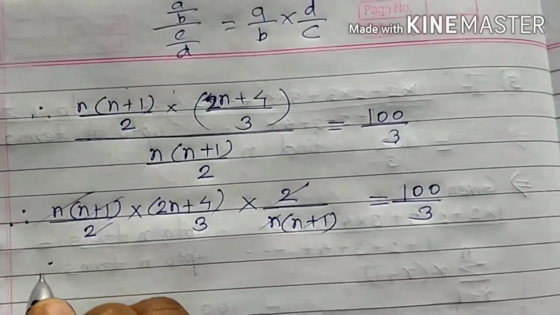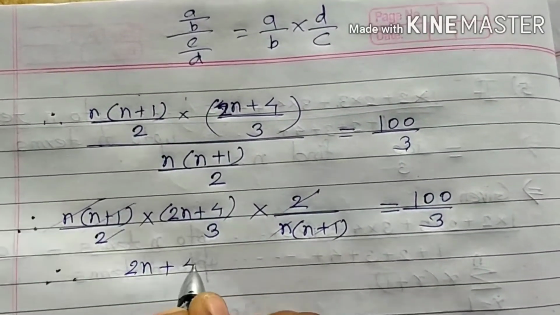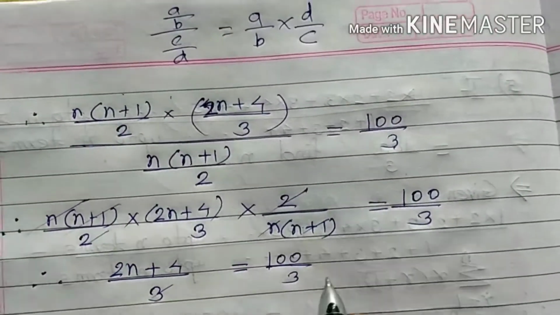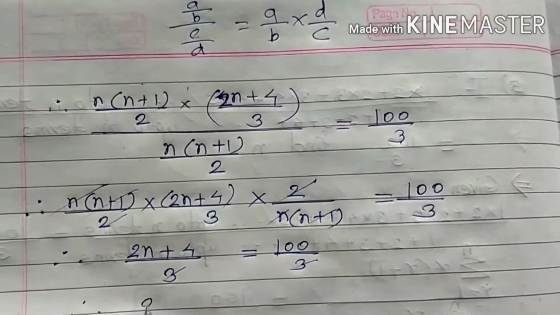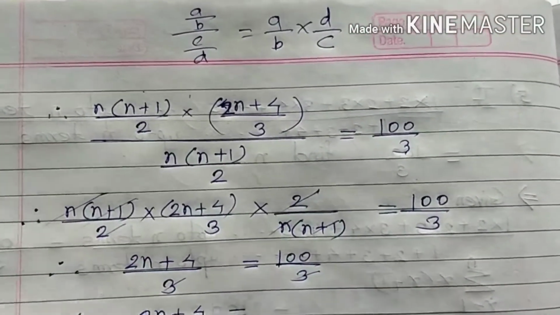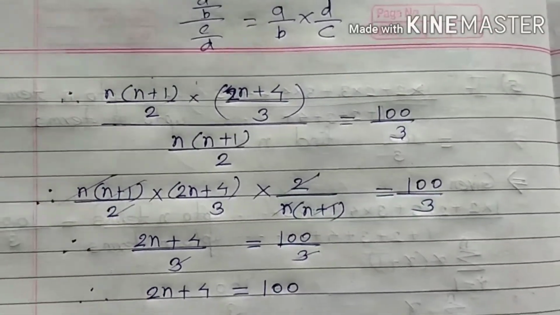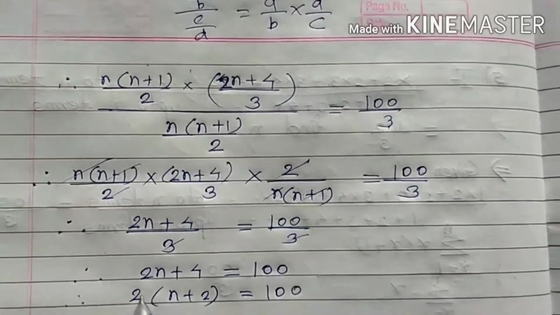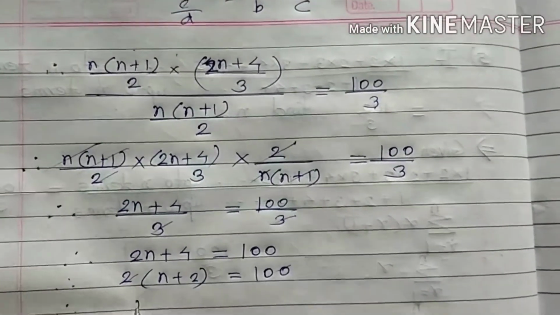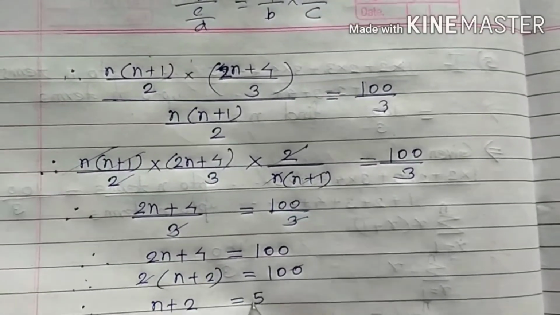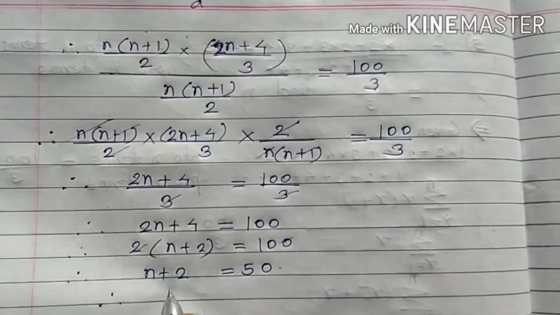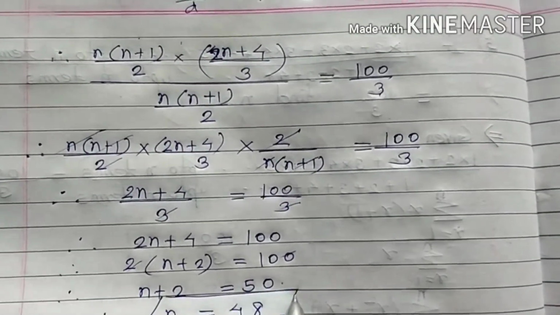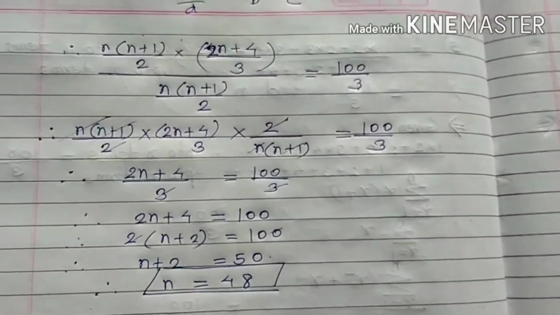So we have only (2n+4)/3, which is equal to 100/3. Now this 3 also gets cancelled, so we get only 2n+4 equal to 100. Now take 2 common, so it is n+2, which is equal to 50, and that's why we get n equal to 48. So n equal to 48 is our answer.